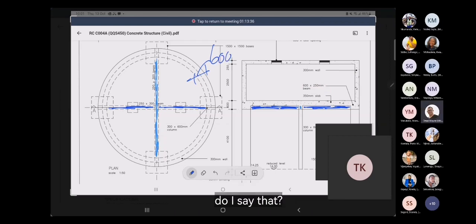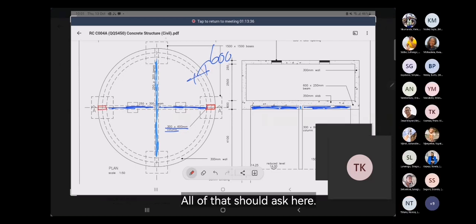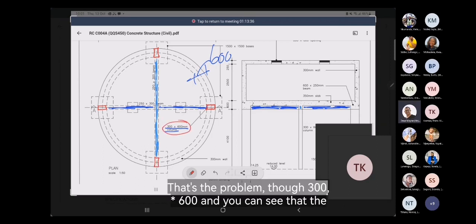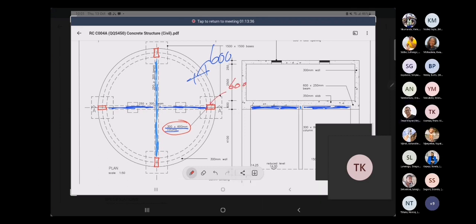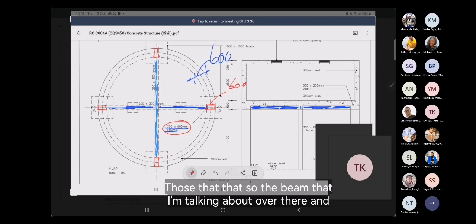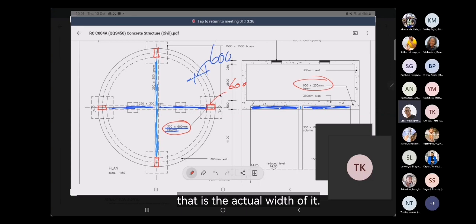Why do I say that? I can say that because of the column that is shown to us there. And I have the size of the column of 300 by 600. And you can see that the 600 shows that. So the beam that I'm talking about over there, that is the actual width of it.